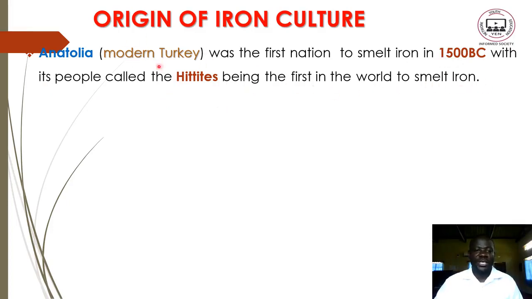So we're talking of Turkey or the Anatolia. They were the first to make iron, from around 1500 BC.